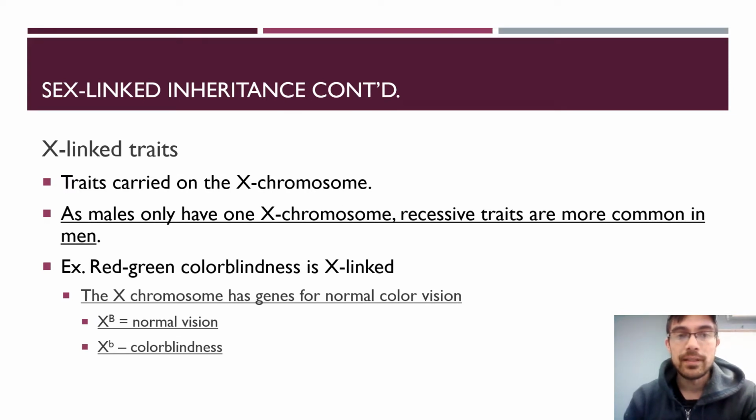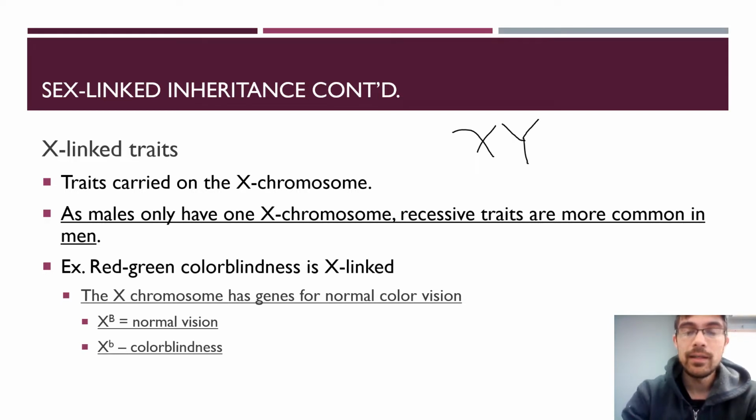Now, like I said, certain traits are carried on the X chromosome. Since males only have 1 X chromosome, they would be XY. Any gene that is located on the X is going to show up, whether it is dominant or recessive. Remember, recessive traits are often hidden by a dominant allele.